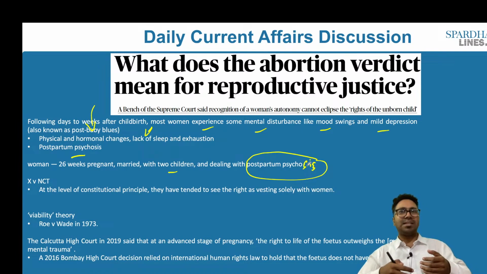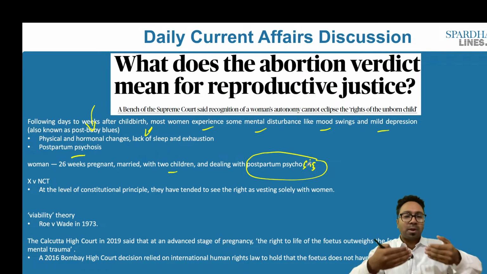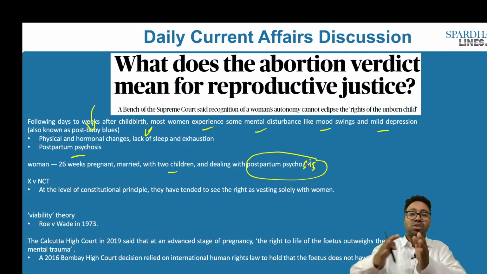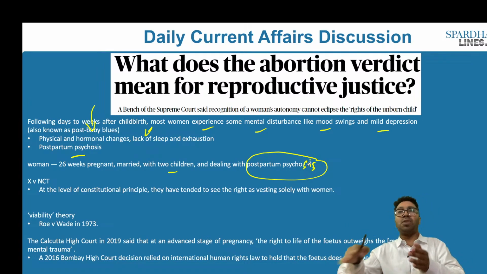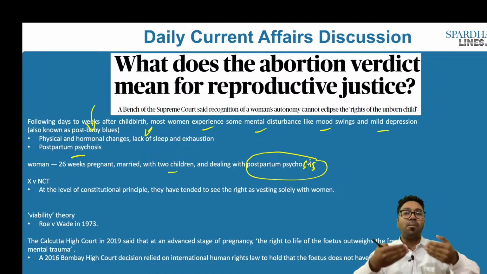She goes to the Supreme Court of India. She says when she had the second childbirth, she witnessed this postpartum psychosis and she may ultimately face similar issues if she gives birth to the third one. So she goes before the Honorable Court and says that she wants to abort the fetus. She does not want to give birth to this particular fetus. Why?